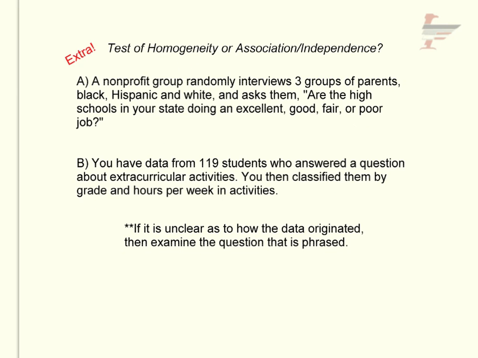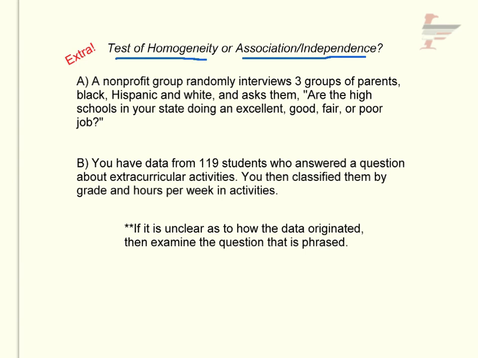Let's take a look at a couple of examples here and see if you can guess which one is the test for homogeneity and which one is the test for association or independence. So take a moment to read these over and see if you can guess which one is which.